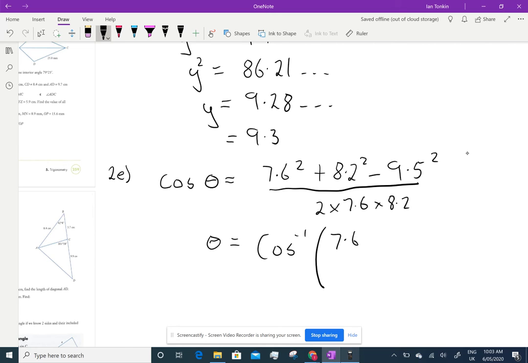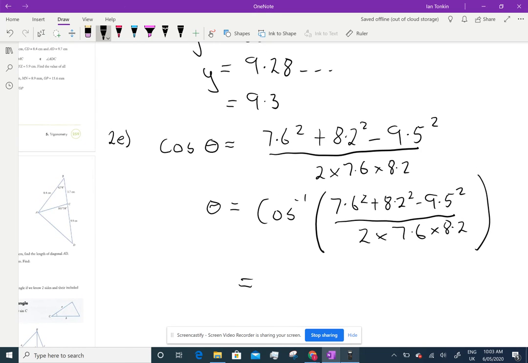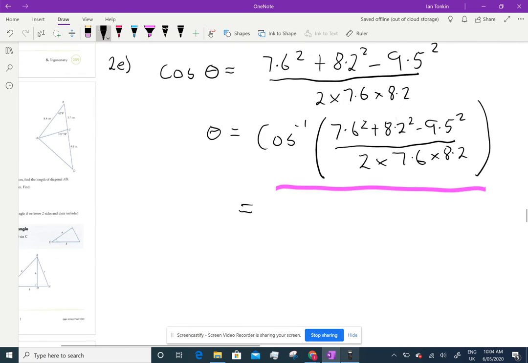I'm going to do it all in one go. 7.6 squared plus 8.2 squared minus 9.5 squared. If you do it in parts, there's always a chance that you'll get compounded error from rounding or you'll mess it up. And that line will get you full marks, usually.